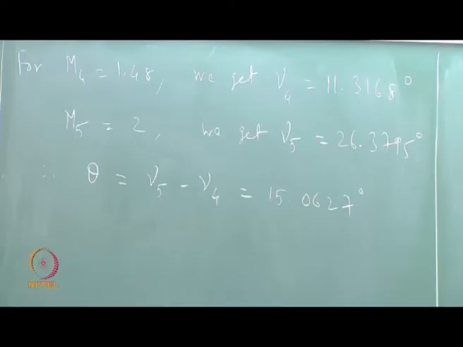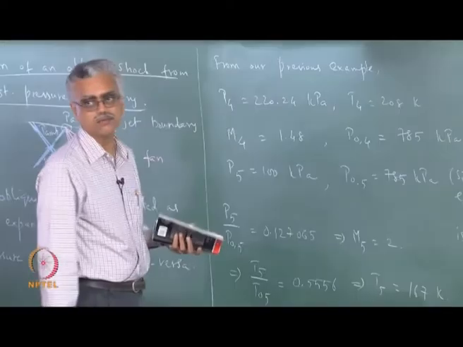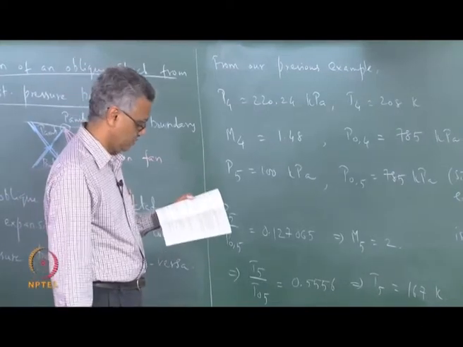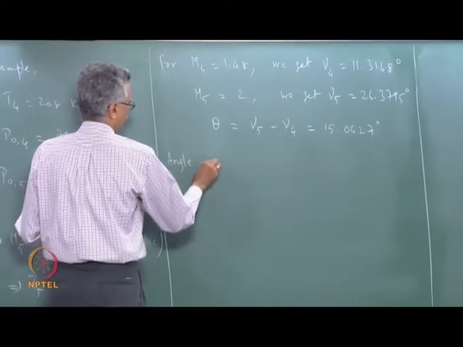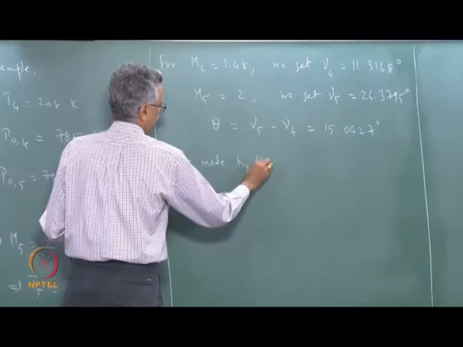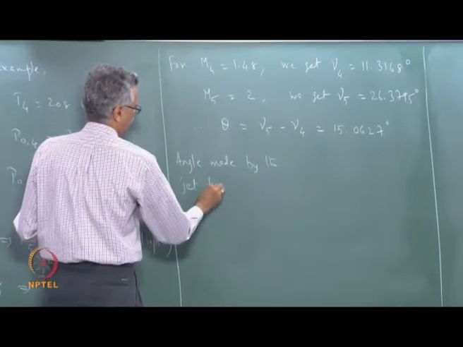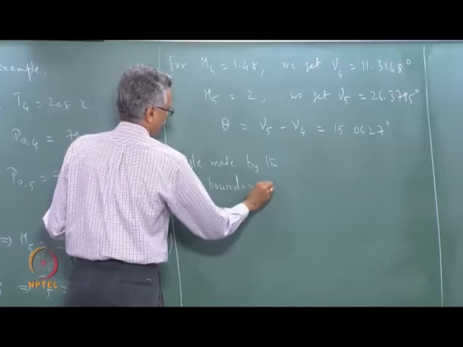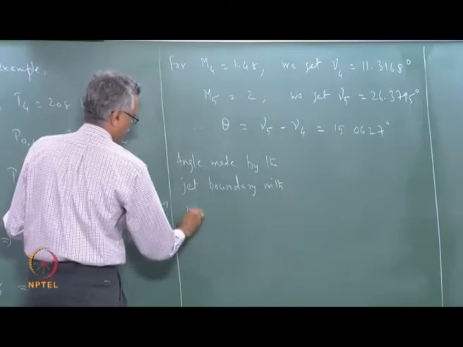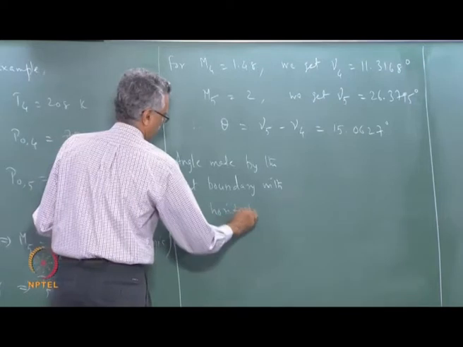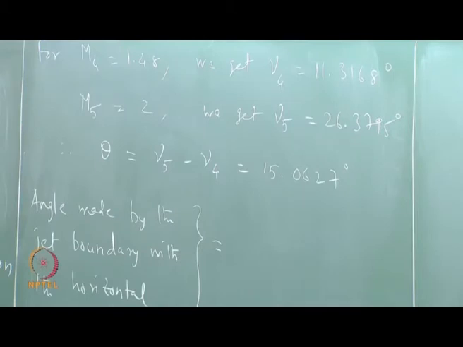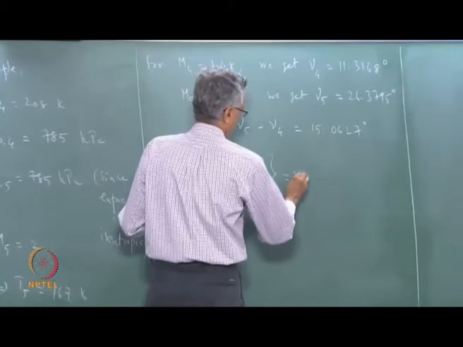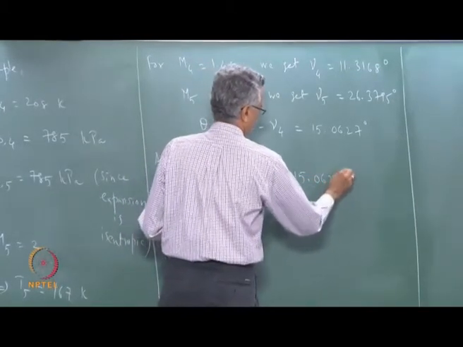Now, this 15.0627, remember, is the flow deflection angle with respect to the previous velocity vector. So, that means the angle made by the jet boundary with the horizontal is equal to 15.0627 degrees.